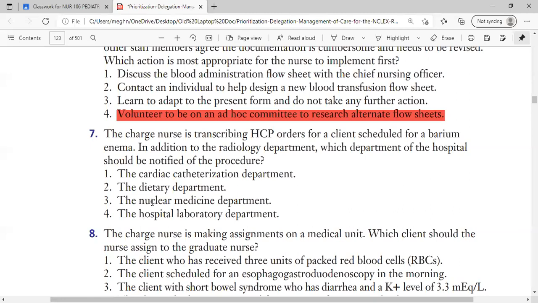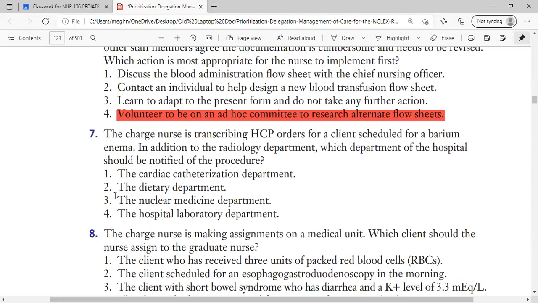Number 3, the procedure is performed using barium or gastrografin, so nuclear medicine does not need to be informed of this procedure.